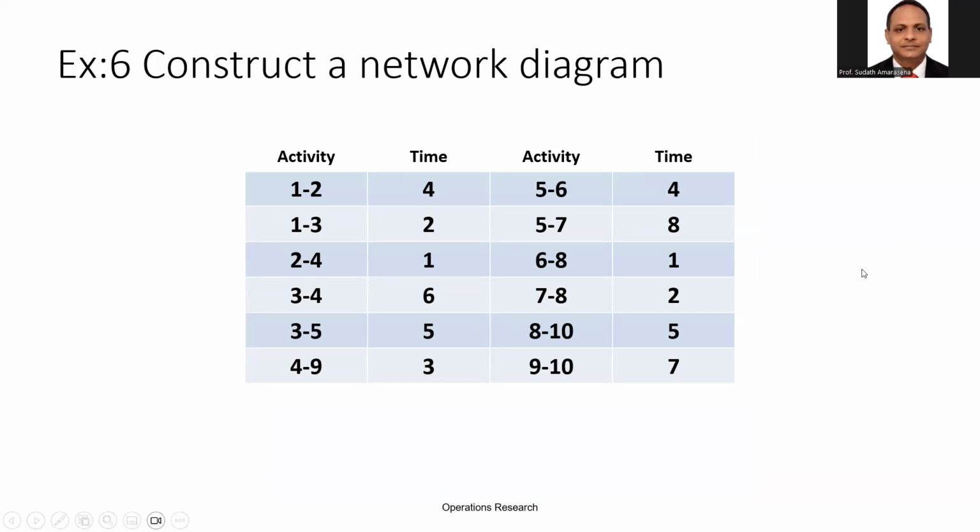Construct a network diagram. Here the example gives activities 1-2, 1-3, 2-4 and the time, meaning each activity's completion duration is given. But this example is somewhat different compared to all the previous examples. But anyway, I don't want to explain anything. Try to draw the network diagram yourself. Next time I'm going to check your answer.